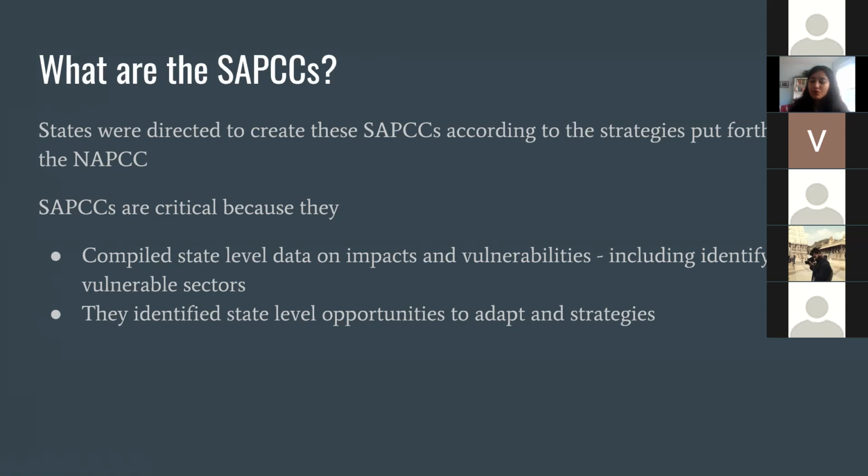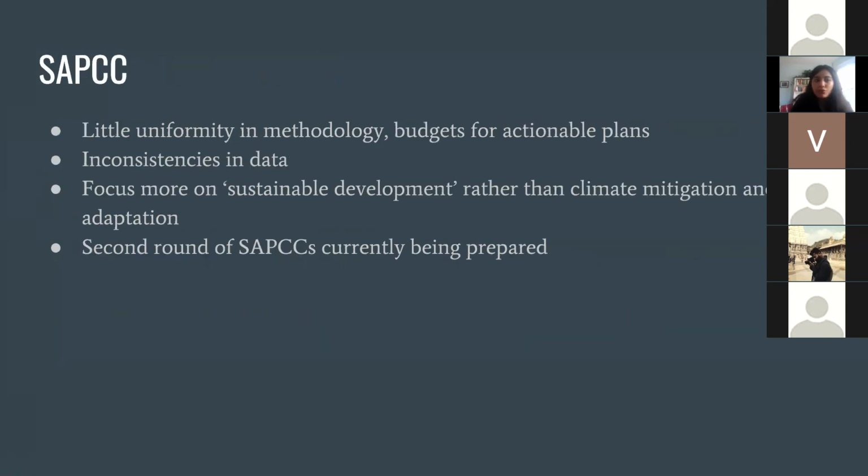The first was to create information on the state's own impacts of climate change and also its specific vulnerabilities, and the specific sectors in which there was firstly a potential to address climate change and secondly sectors which were particularly vulnerable, and also the opportunities there were to adapt. So what was seen was that because of this, there was a lot of local flavor in the SAPCCs themselves.